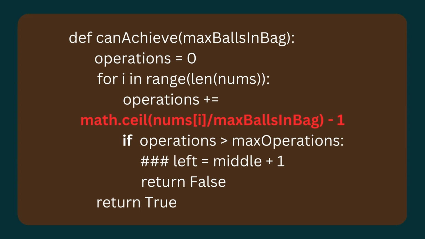Then we will check if operations is greater than max operations, we will return false. And simply the left equals middle plus 1 part will be executed. But if it isn't, then we will simply return true at the end.